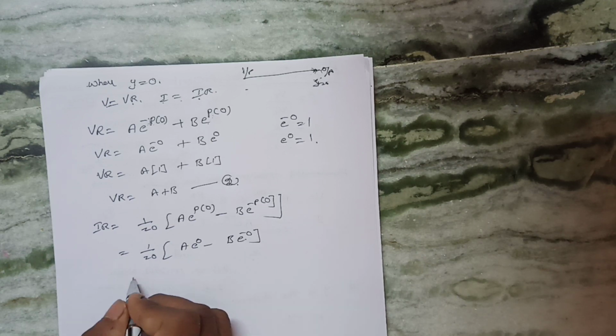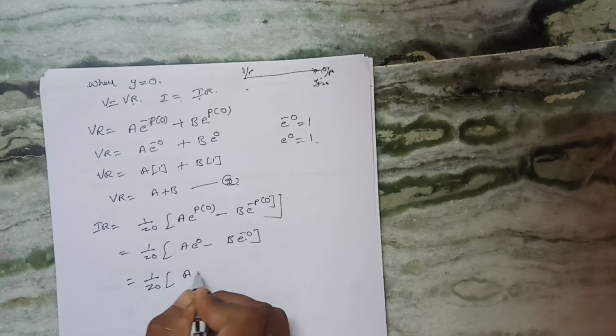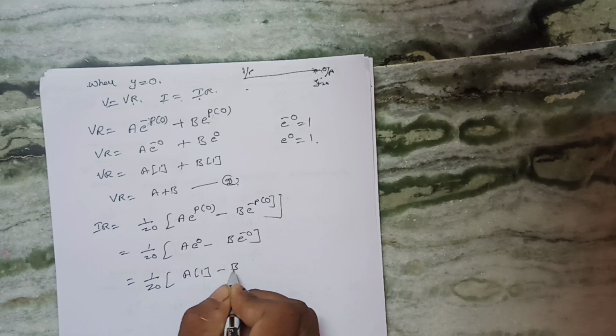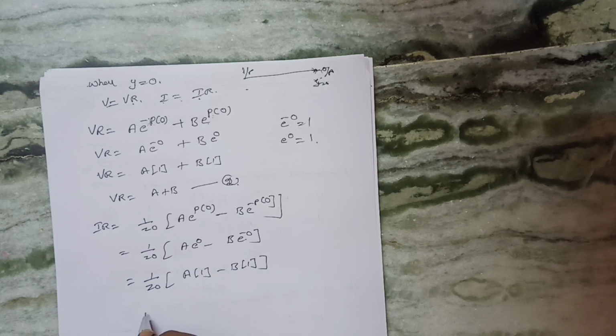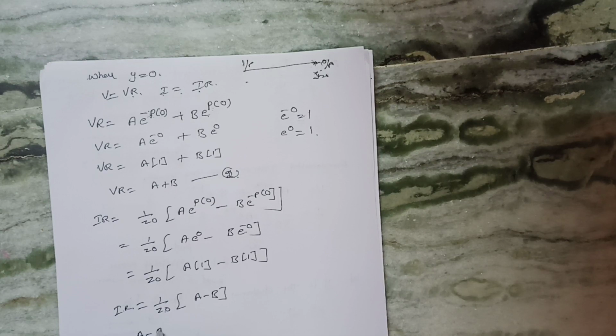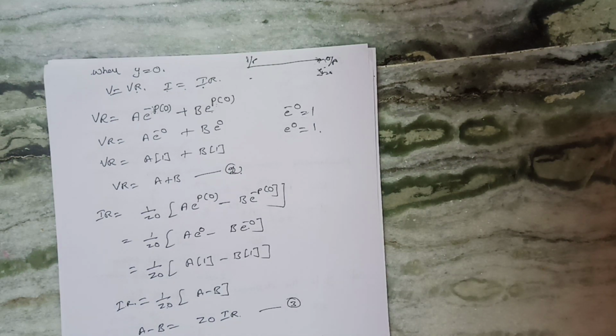So that's why the above equation is written as 1 by Z naught, A of 1 minus B of 1. So then the above equation is written as 1 by Z naught, A minus B. So I_R is equal to that. So here A minus B is equal to Z naught into I_R. This is equation 3.